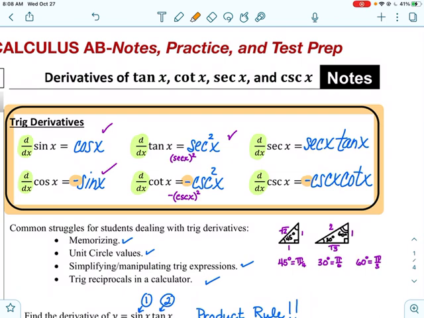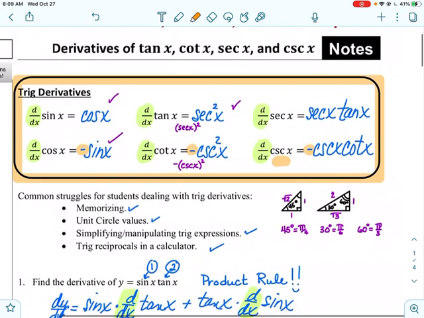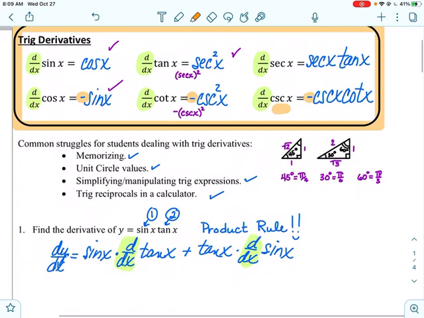The derivative of secant is secant tan, and the derivative of cosecant x is negative cosecant cotangent. Very similar in names, which helps a lot to memorize. When you have to memorize, you look for patterns, and that's one of the patterns you'll see on that one sheet that I give you.